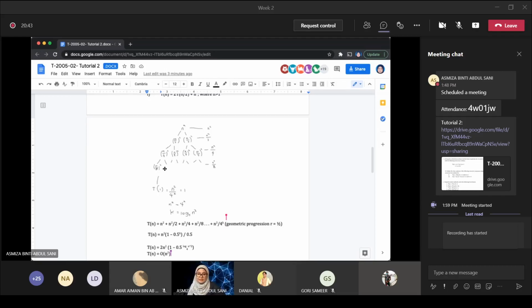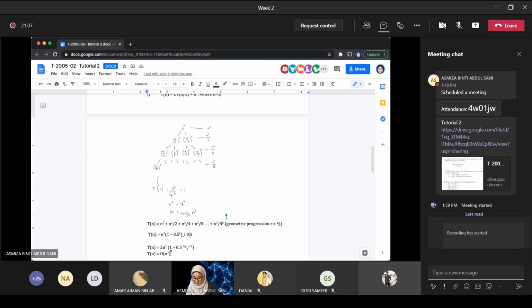You are not looking at the cost of the work done at each level. We are looking at the value of n, how the n is moving towards the base case. So the height would be n over 2 to the power of k.